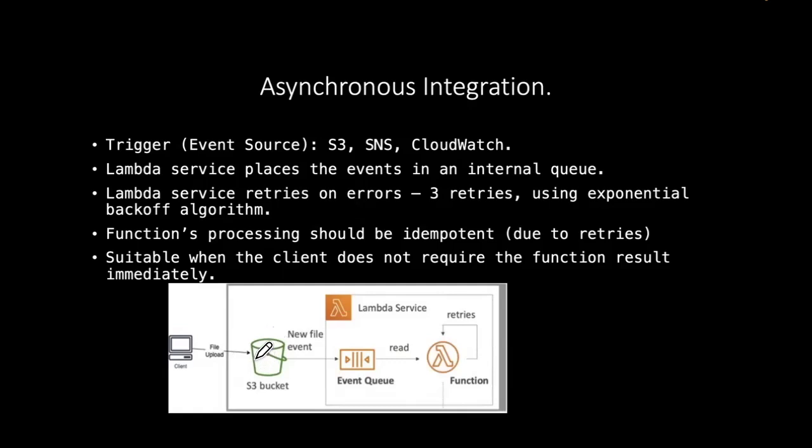What you can do is declare this in the CDK stack file. You can say that if there is a state change in a particular S3 bucket, then I want that to be the event that triggers the execution of a particular Lambda. Here's my Lambda over here, my Lambda function.